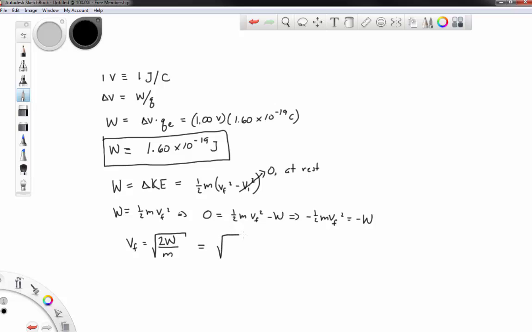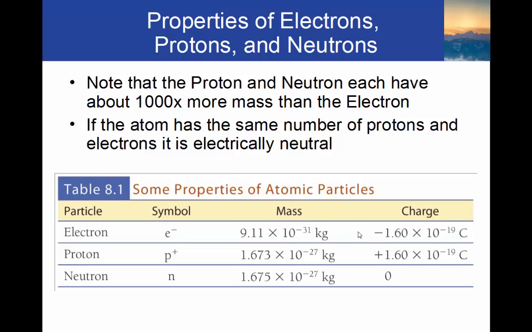So this means that we have the square root of 2 times 1.60 times 10 to the minus 19 joules divided by, we need the mass of the electron. Bet you're never going to figure out where we get that mass from. Surprise, it's table 8.1. So the mass of the electron is 9.11 times 10 to the minus 31 kilograms.